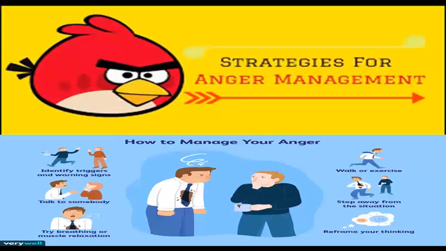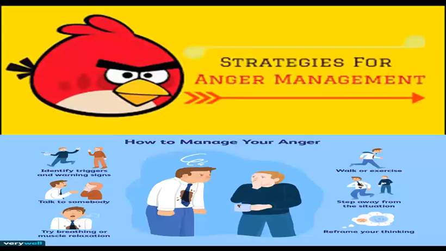Now the second strategy is to determine whether your anger is a positive one or a negative one. If this is possible, then you might proceed by changing the situation rather than changing your emotional state. If you change the situation, you will be able to manage your anger.